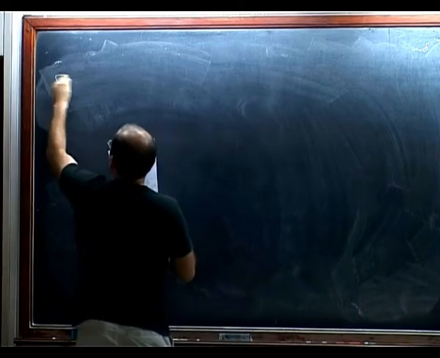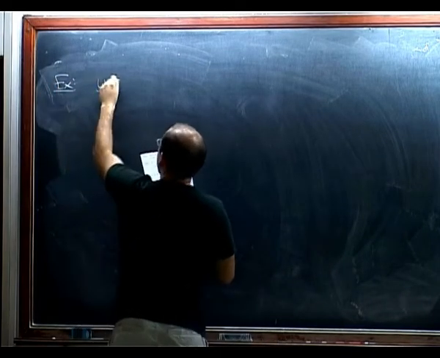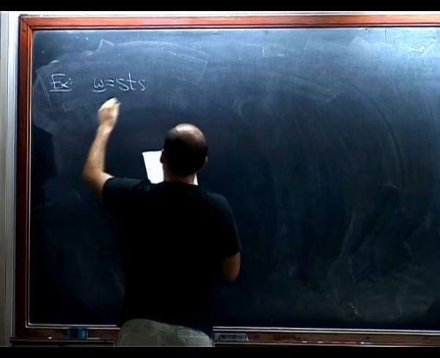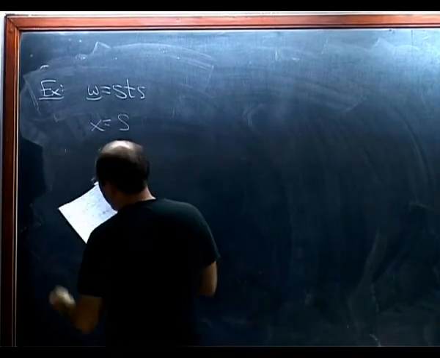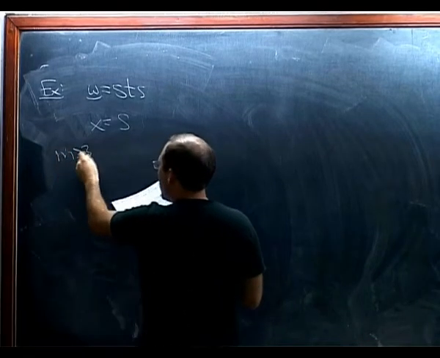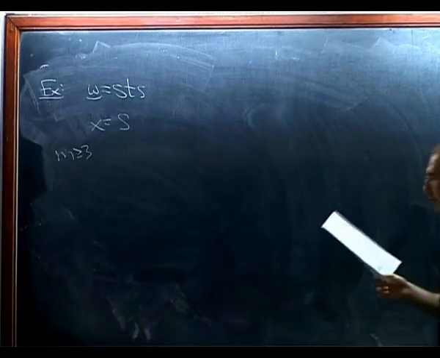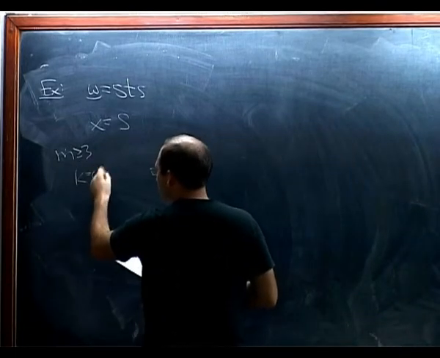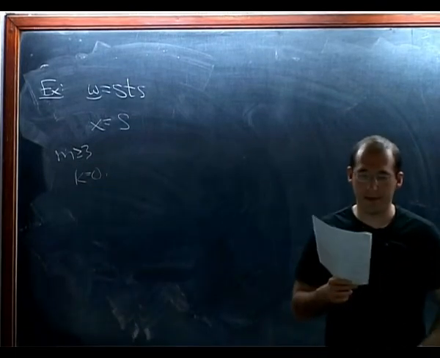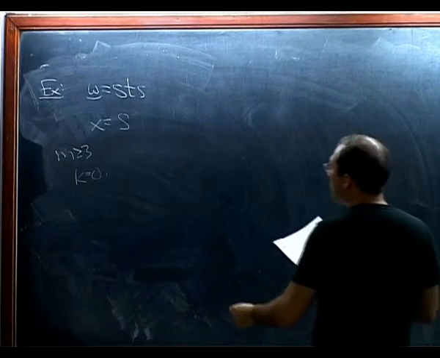Here's an example. So let W be the sequence STS and X be S. This is M. M is arbitrary, and M is bigger than or equal to 3. K is 0. Okay. Then there's only one thing.